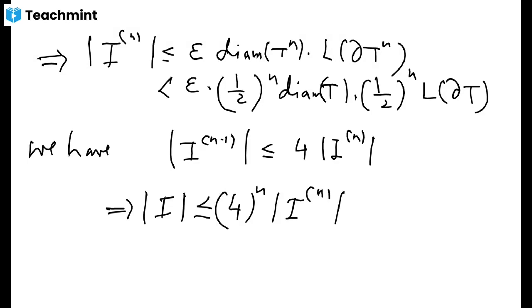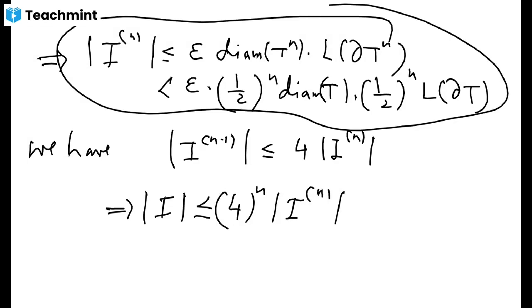And from the above inequality, we have this term less than or equal to 4 to the power n as it is, because you have the estimate for the modulus of In. It is epsilon times, let us simplify things here.